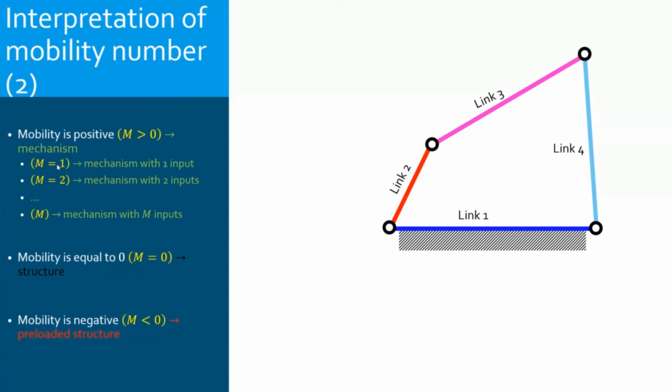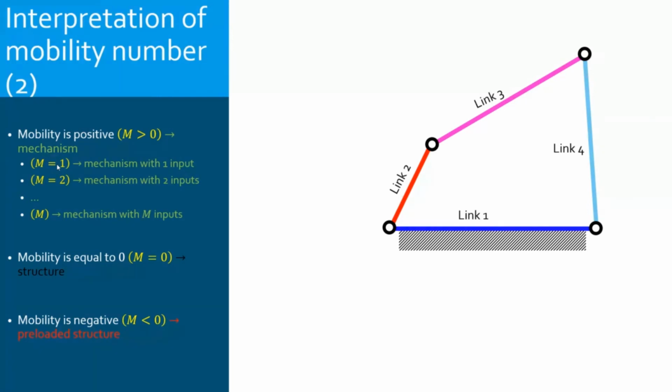What mobility tells is only the number of degrees of freedom that should be controlled externally. For example, by the user: if you have a mechanism and you want to use it, with m equal 1 you need to work with one input, and with more, you need more inputs.